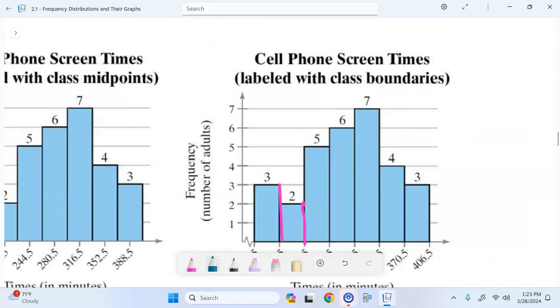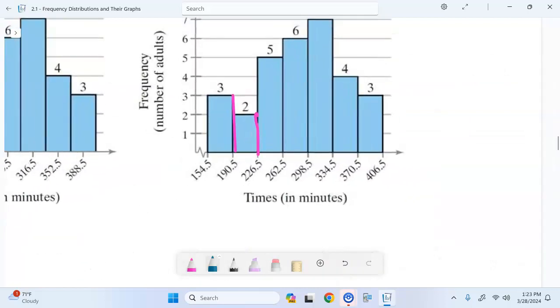And so we get our graph, and we can set up each of these tick marks down here as each of those class boundaries. Then we look at the frequency for each of those classes. The first class had a frequency of 3, so the bar goes up to 3. The next class had a frequency of 2, so the bar goes up to 2. The next class had a jump to 5, and so on.